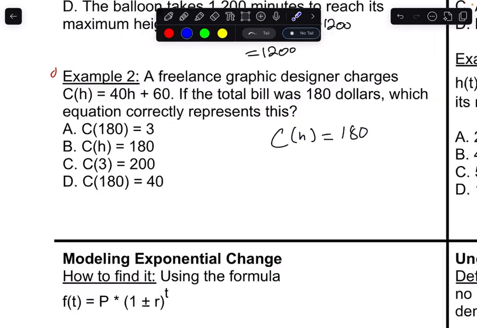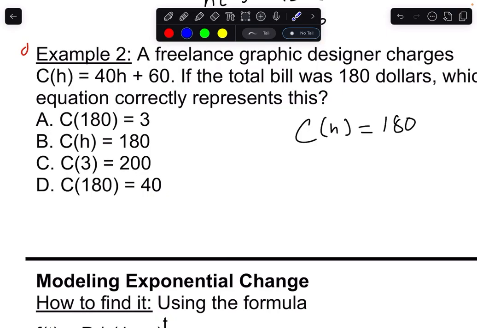Now, off the bat, that's B, right? But let's show why these other ones wouldn't be true. For example, they're saying after 180 hours, the cost was $3. That doesn't seem right, because if you replace h with 180, multiply by 40 and add 60, it definitely isn't 3.